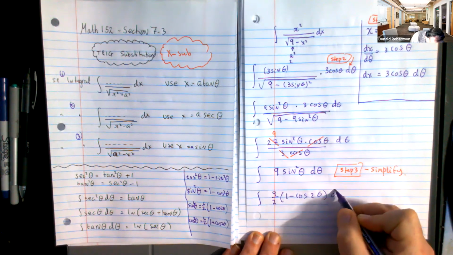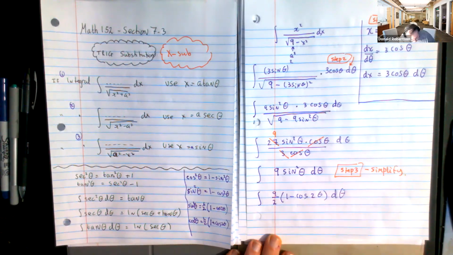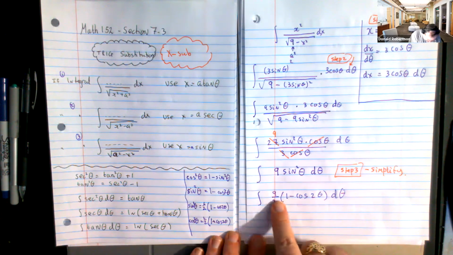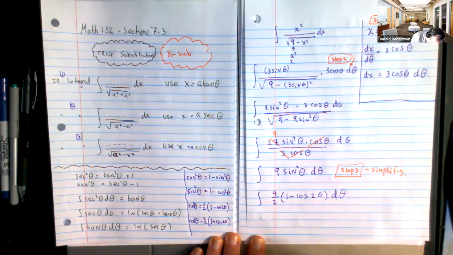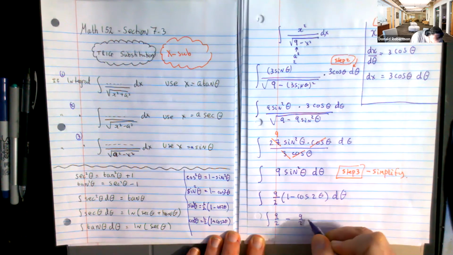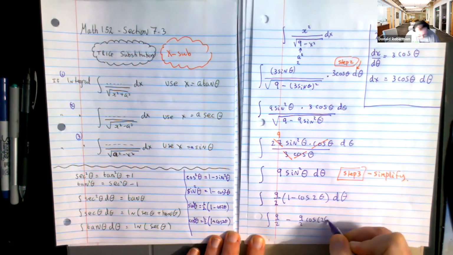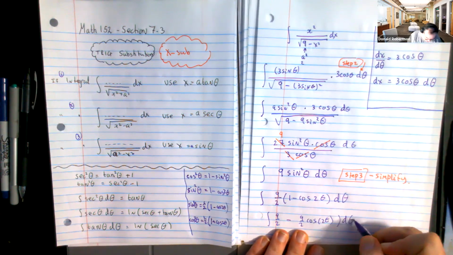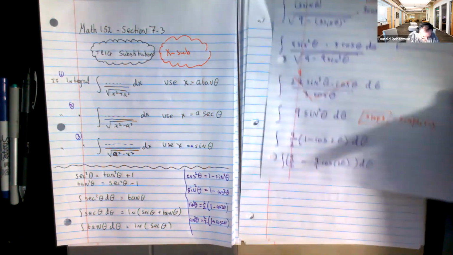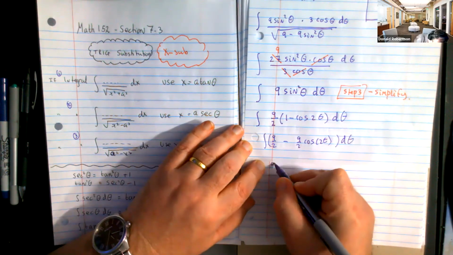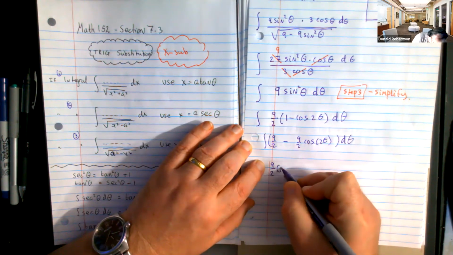So when you want to integrate a sine squared, or for that matter a cos squared, on its own, you use this identity here, right? Now, all I'm doing here is distributing the 9/2. Now, I should be able to integrate this. 9/2 becomes 9/2 theta.